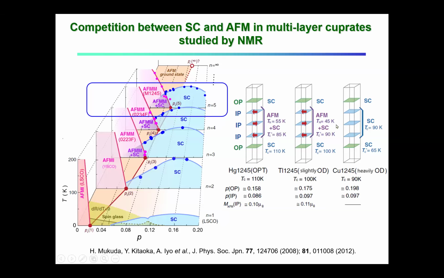They found antiferromagnetic ordering in the inner layer of the 5-layer compounds, and superconductivity and antiferromagnetic order compete. Actually, the antiferromagnetic order disappears only in the heavily overdoped compound, but in slightly overdoped and optimally doped compounds, there is still antiferromagnetic order.